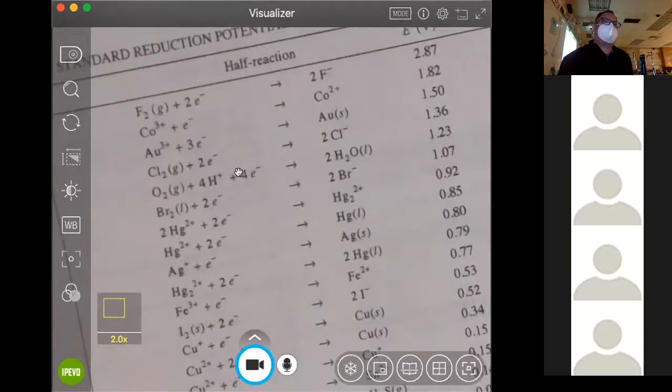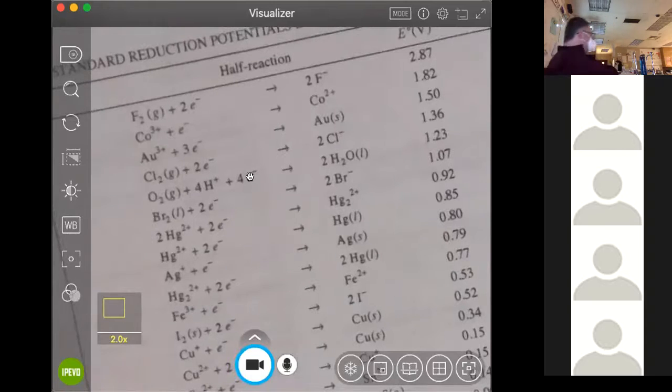O2 gas requires how many moles of electrons? 4. How many? 1 mole of O2 gas takes up what volume at STP? 22.4. Right?